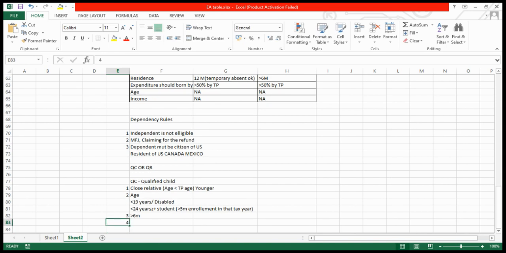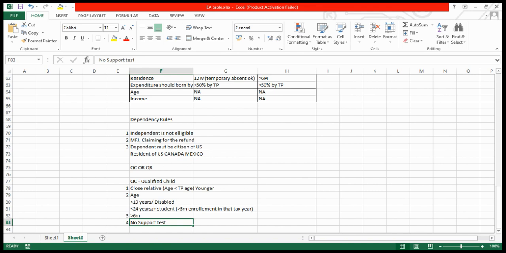Fourth condition, support test. Support test should not be qualified. That is the main point, so I can call it the no support test. So what is this support test? If an individual person, whatever QC, is able to spend more than 50% of his expenditure, then he should not be qualified as a qualified child.